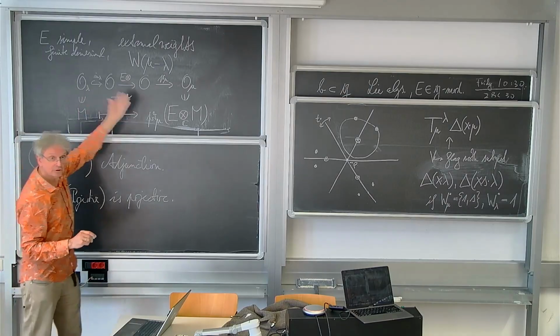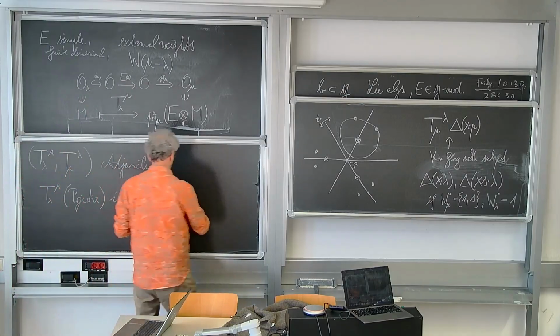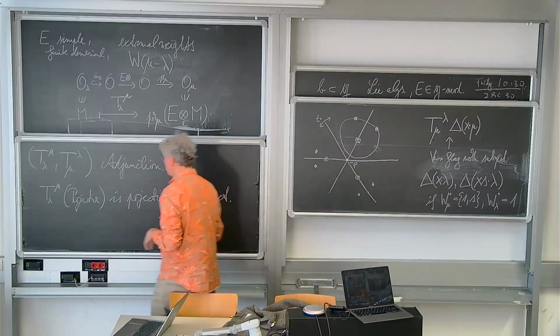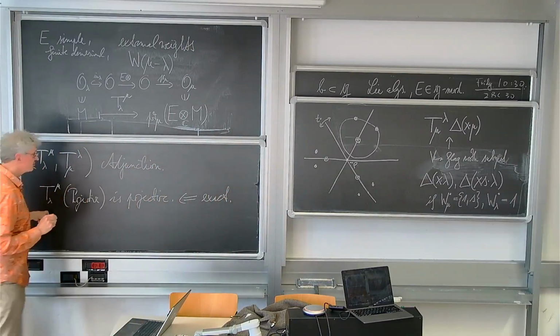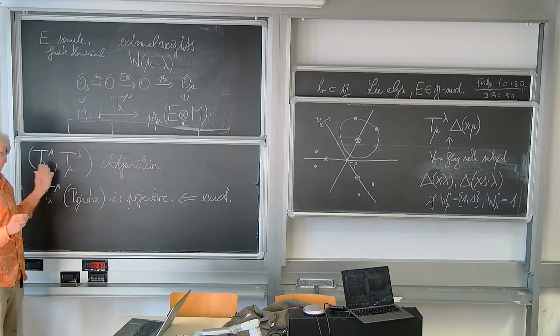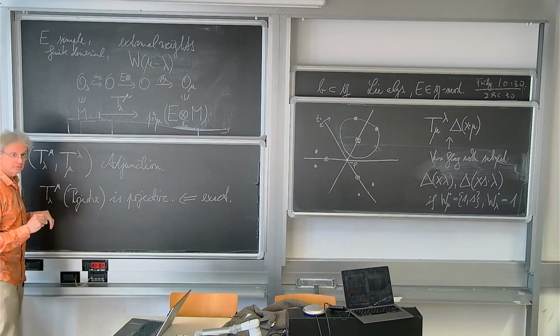Because it is the composition of three exact functors. And the adjoint to an exact functor, I don't know whether it's left or right exactly what you mean, but yes, anyhow, both make projective to projective.